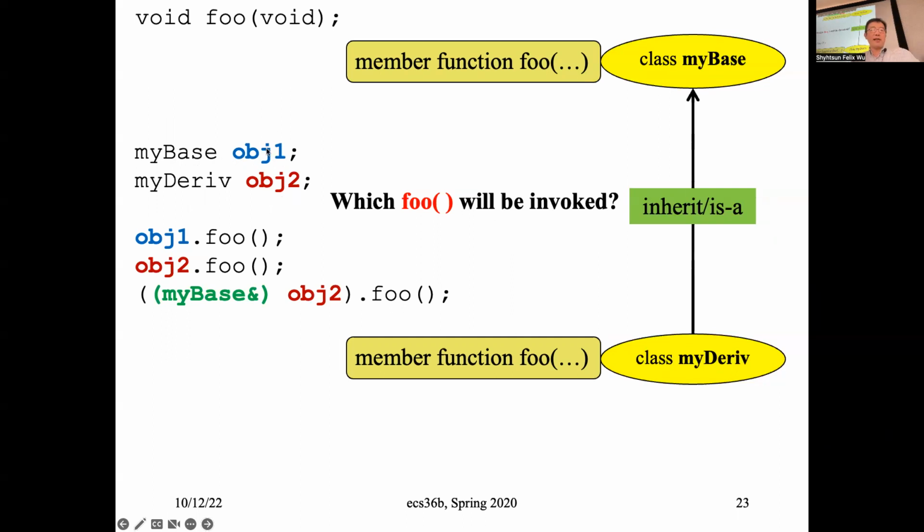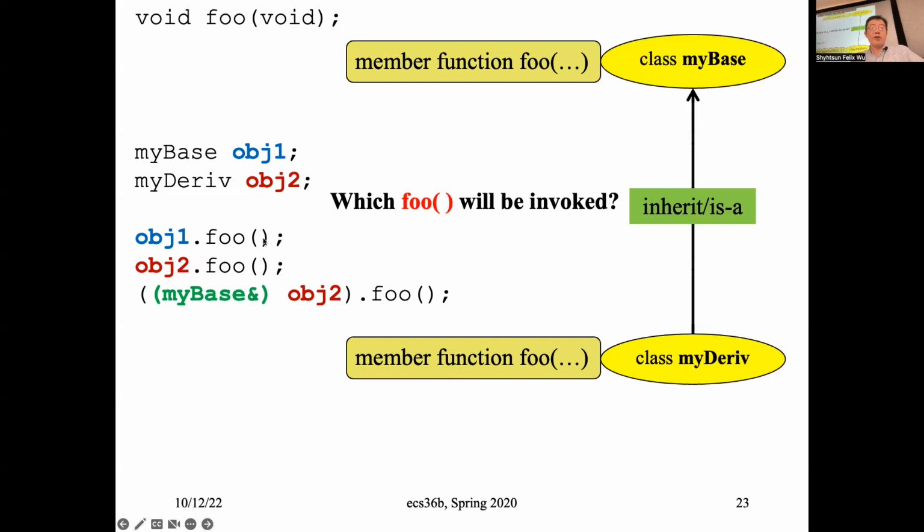So in my previous example, object1 is community member. Object2 is the student. Okay, and obviously, if I call object1.foo, based on the non-virtual function, it will actually call the foo function that is declared here on the top. And if I use object2.foo, it will actually call the member function implementation at the derived class.